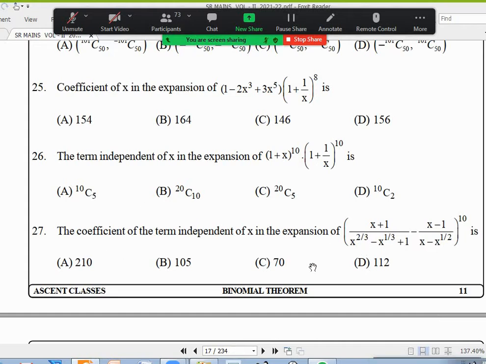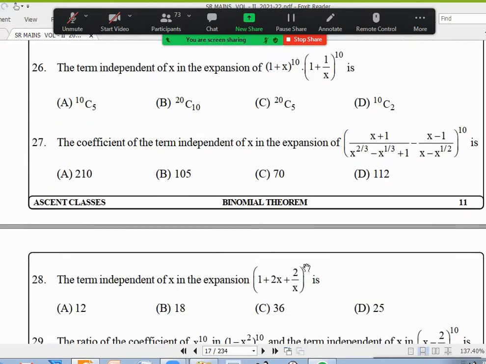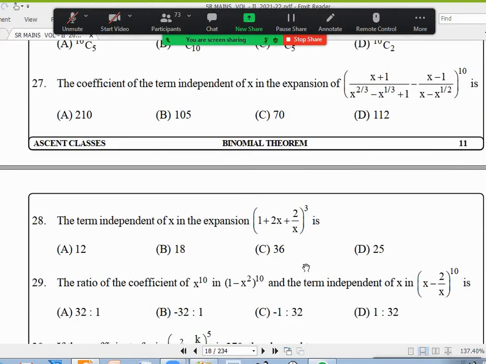Anyway, any doubt about 25? No, sir. Yesterday, how were the physics and chemistry marks? Are they better than math? But physics is also tough.